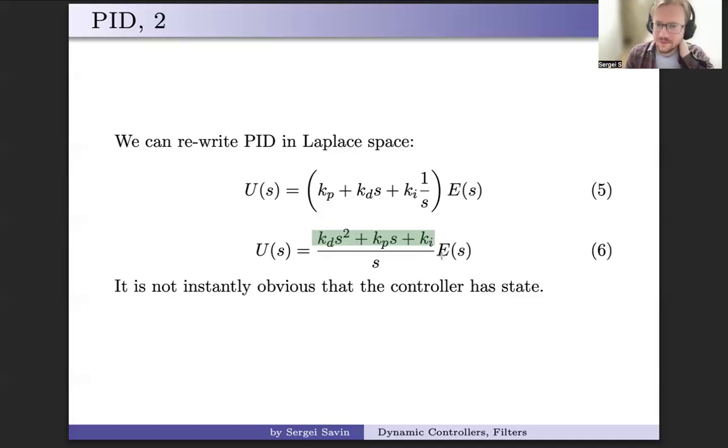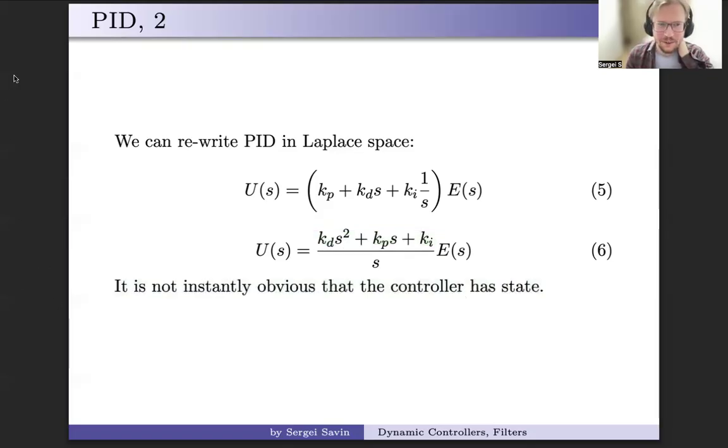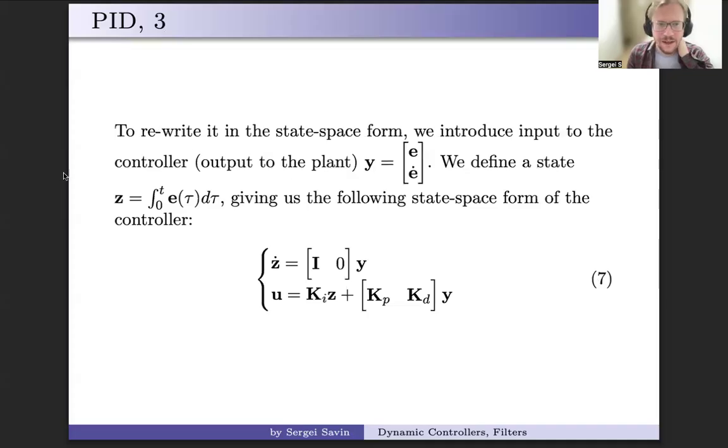Okay. Now, it would not even be obvious that this controller has a state. I have to prove it to you. So let me prove to you that the PID controller has a state. To do this, I would like to rewrite the controller in state space form. For that, I would consider e dot as the input, we call it y.